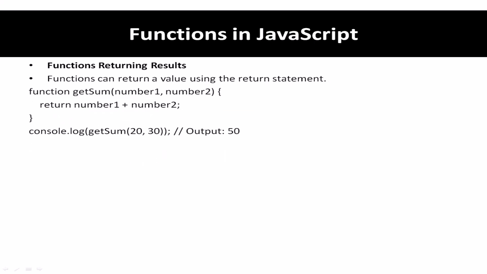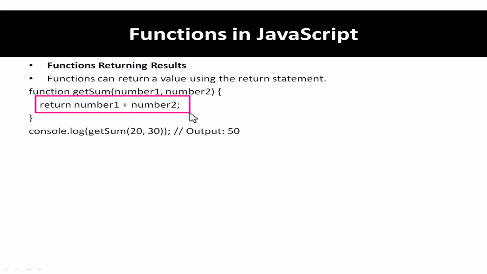Next, another example, in which we are going to get the sum. It gives a similar output to what we have seen previously. In the previous program we used a variable, result equal to number 1 plus number 2.